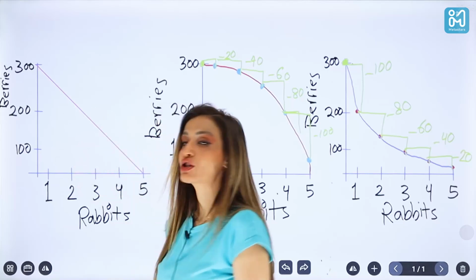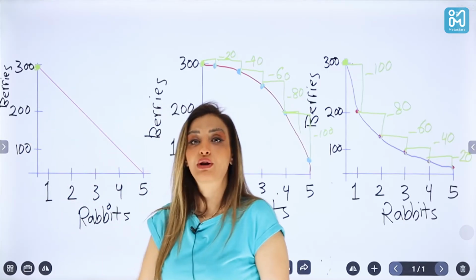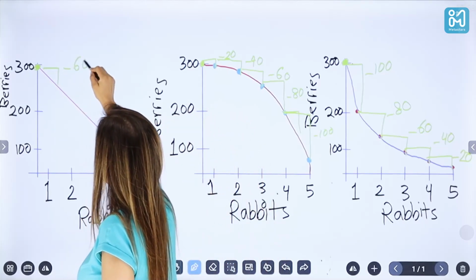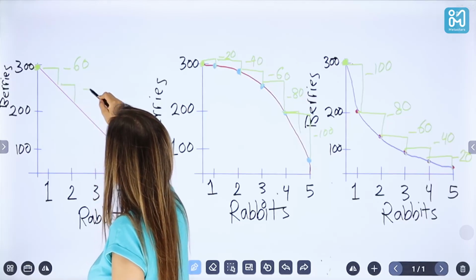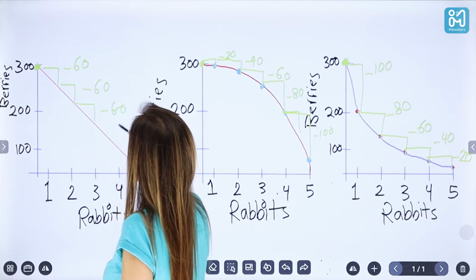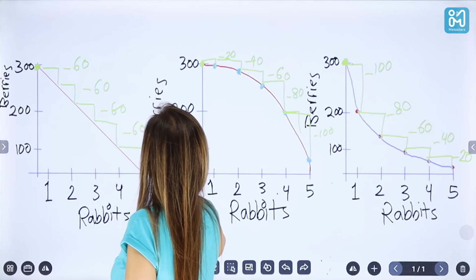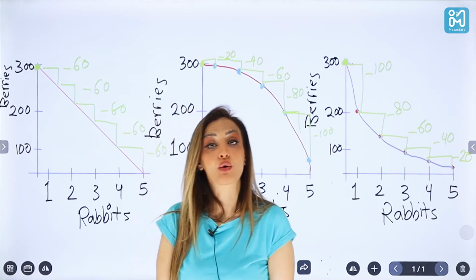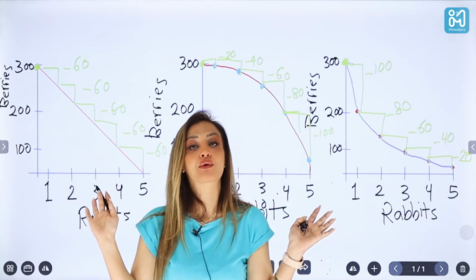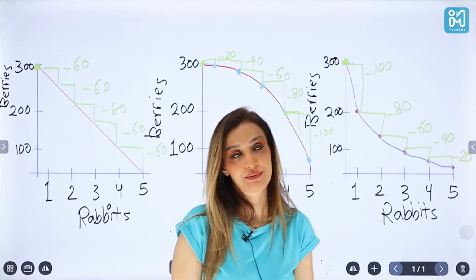Yani, if you decided to catch one rabbit and you already have 300 berries, let's assume that each time you decided to catch one extra rabbit, 3 rabbits, 4 rabbits, 5 rabbits, your opportunity cost will remain the same. This is the difference between increasing, decreasing, and constant opportunity cost.